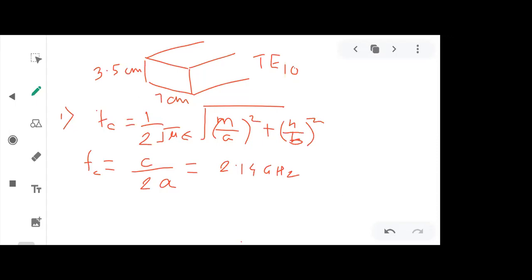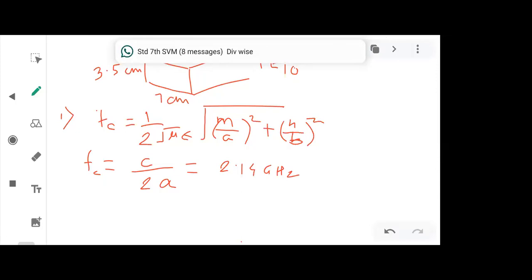This is the least frequency which can travel through this waveguide. If you decrease the frequency further, it will get reflected back. Why? Because the impedance will become imaginary in nature. If this part is clear, then we can move ahead. Yes, sir.